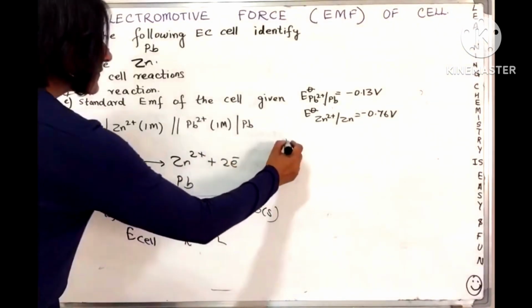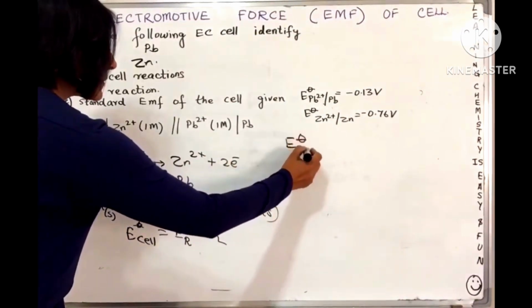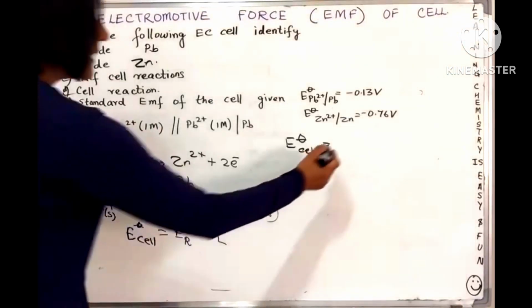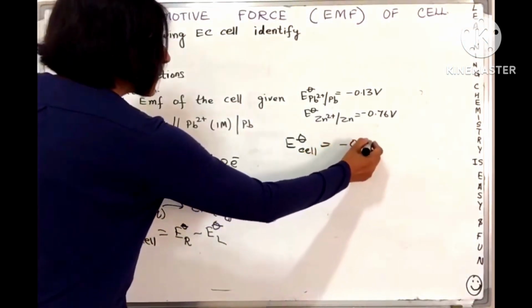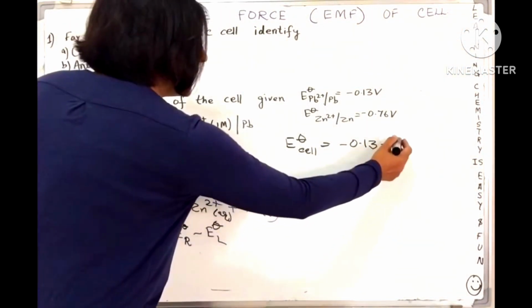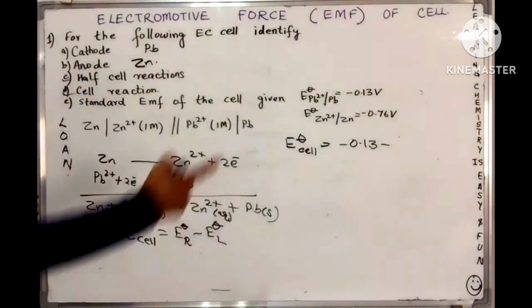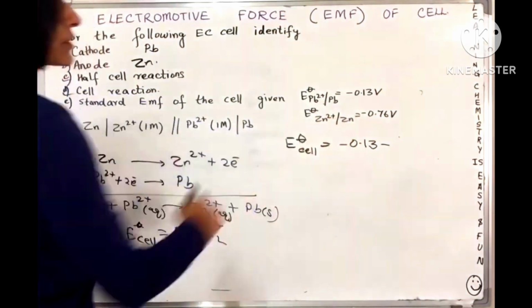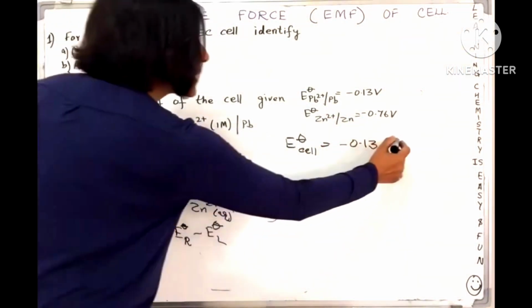So now what is left for us to do is simply put the values. So right hand side is my lead, negative 0.13. Please don't forget the sign. Minus E of the left hand side, negative. This negative is in the formula, this negative is for the value. So there are two negatives over here.